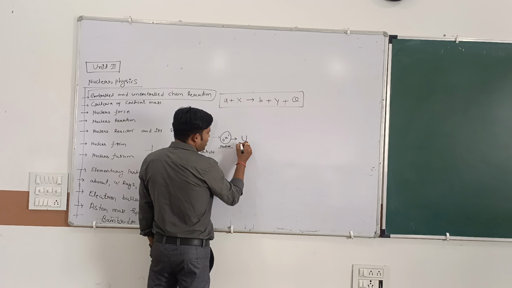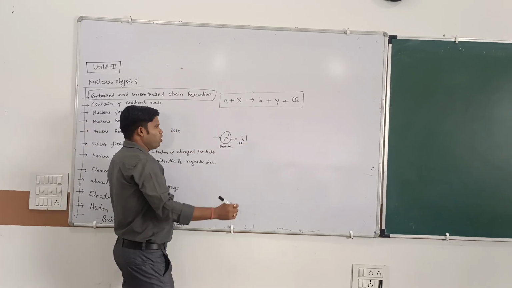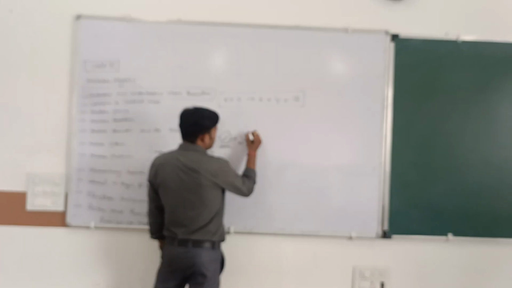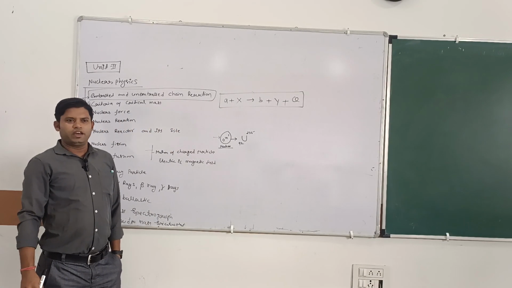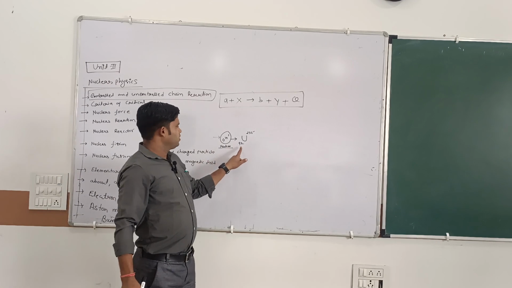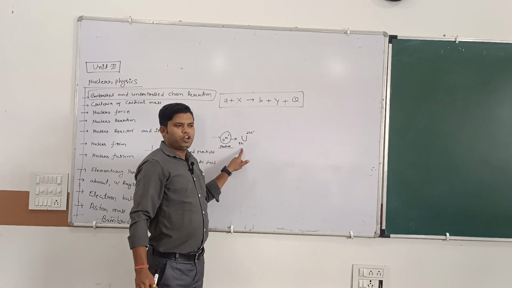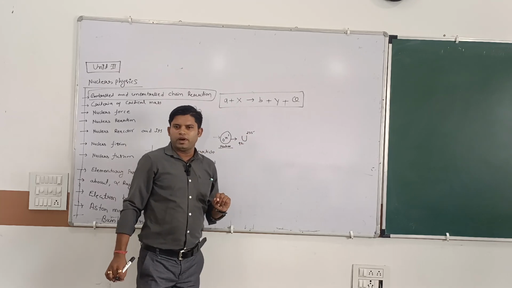The atomic number of uranium is what? 92. And the atomic mass of uranium is what? 230. Correct or not? Yes, sir. Correct, 92 is the atomic number and the mass of this uranium is 235.